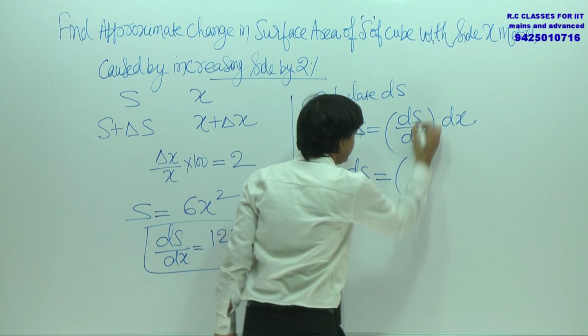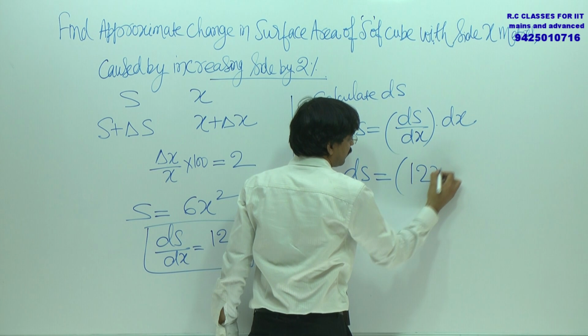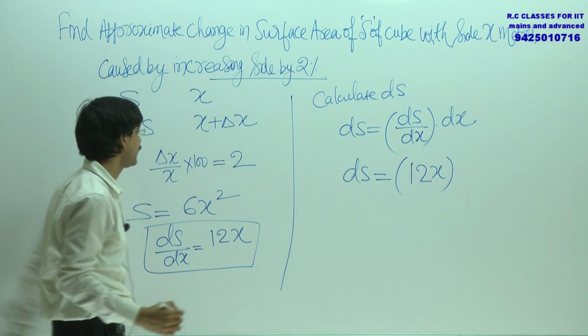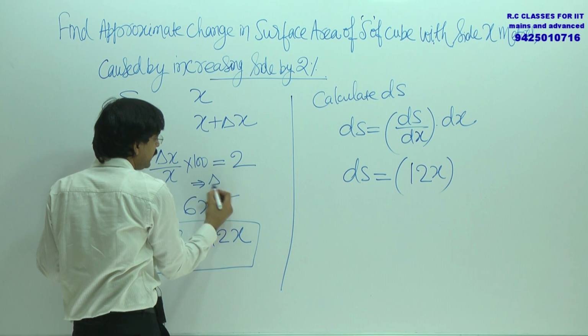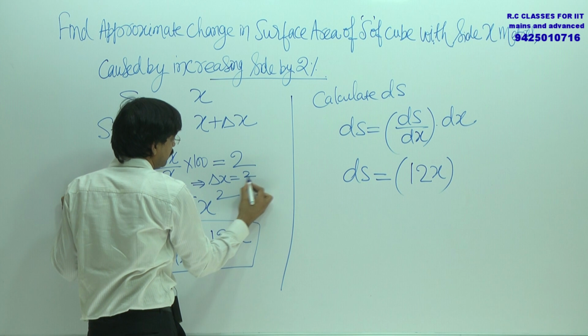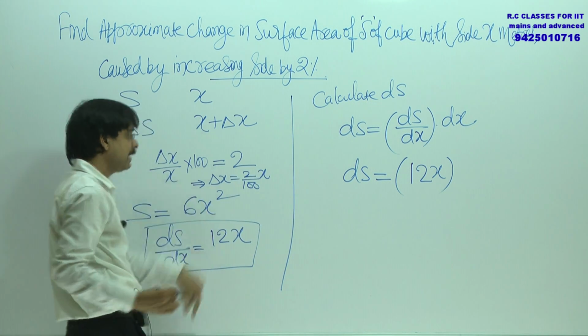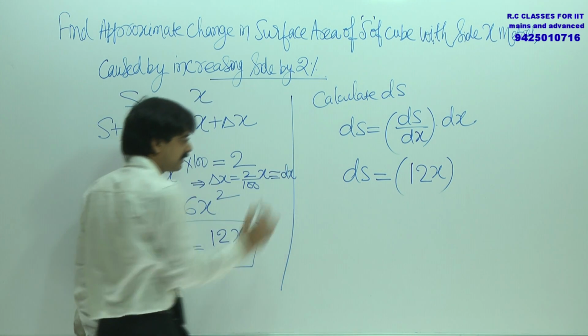ds by dx is equal to 12x. What is that delta x? It is delta x coming as 2 by 100 into x, and that delta x is nothing but equivalent to dx.